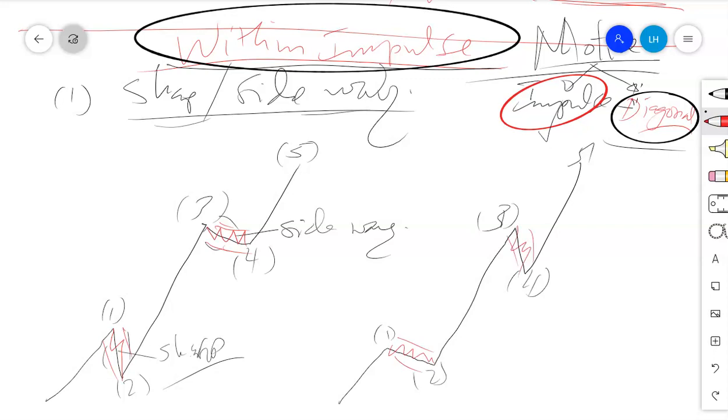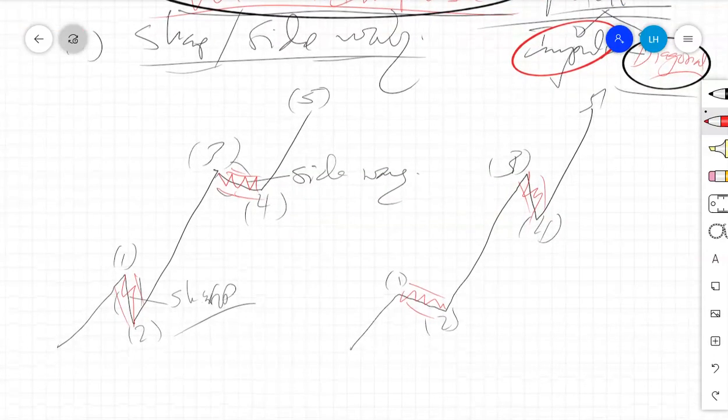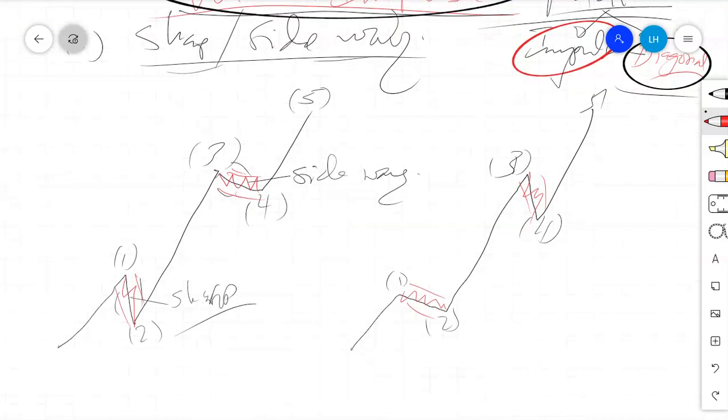So they alternate actually. This is the first part on the issues on the guideline of alternation, and mainly this is alternation within an impulse, on the idea of being sharp and being sideway. But now, what do we mainly expect the market to do?